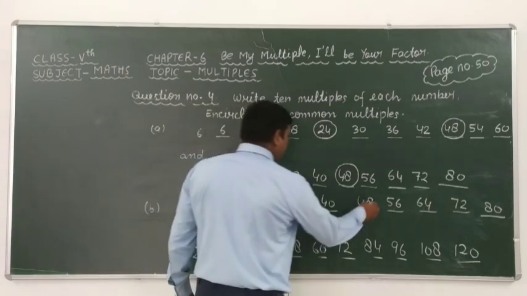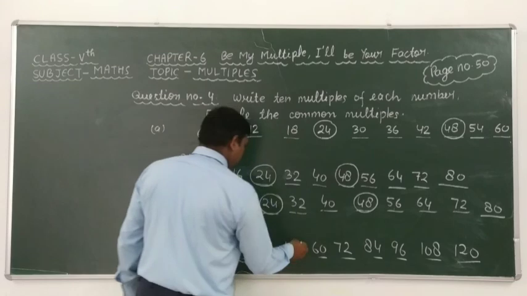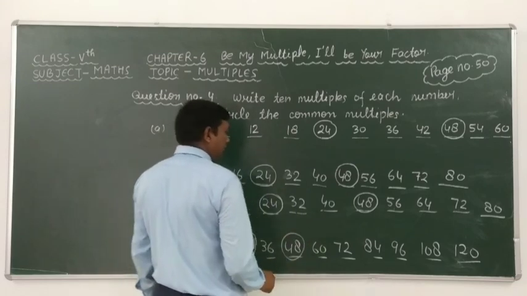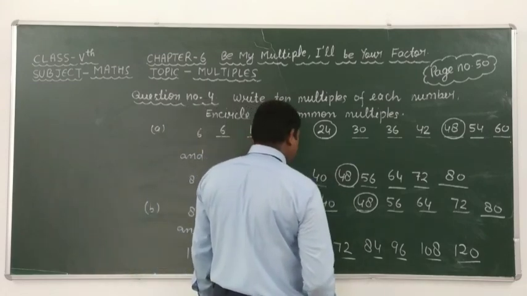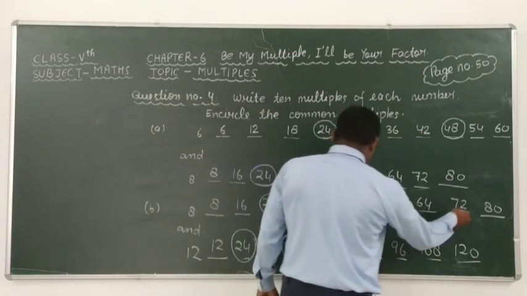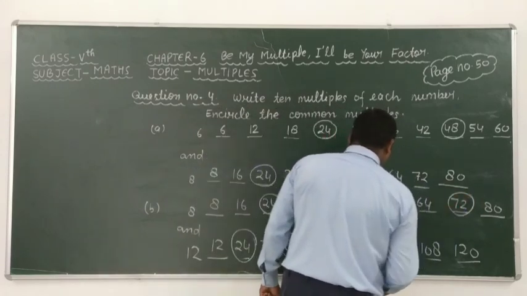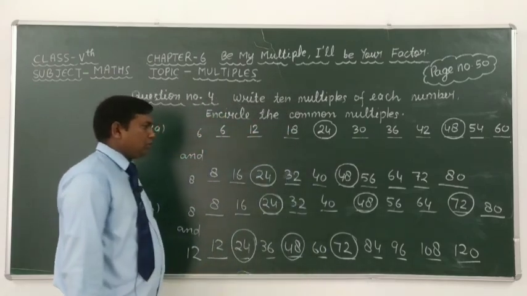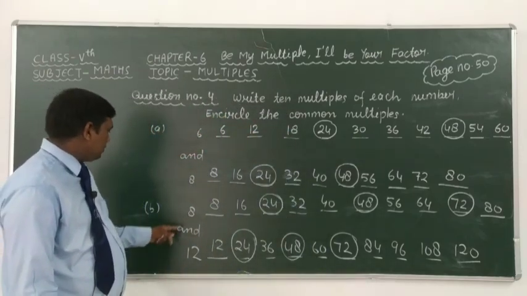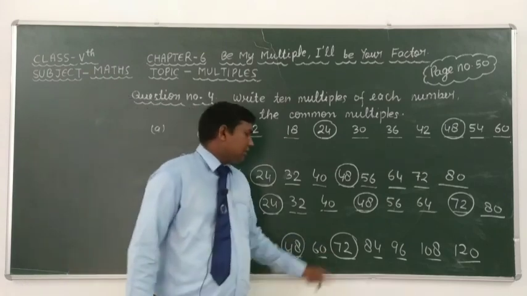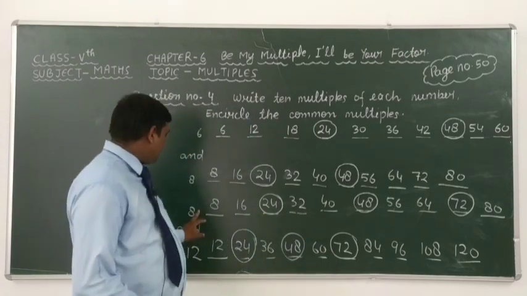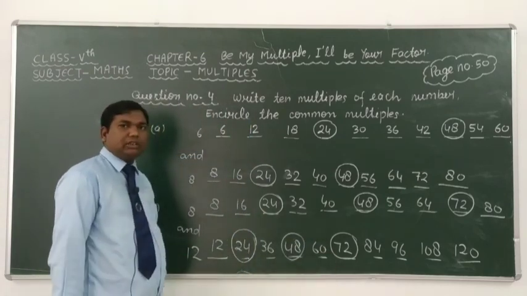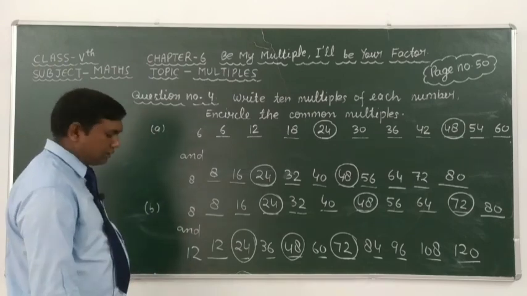Similarly here we can take 48 and here 48. 48 is a multiple of 8 and 12. Again here given 72 and here given 72. It means that 72 is a common multiple of 8 and 12. Students, similarly we can solve all questions.